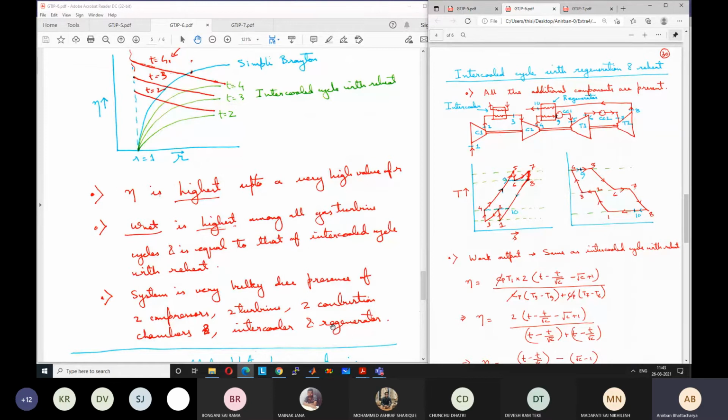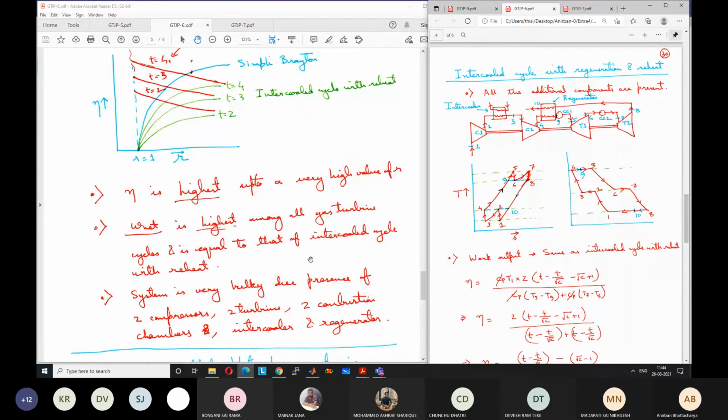So you have two heat exchangers, two combustion chambers, two turbines, two compressors. So the system becomes very bulky and is only suitable if you have very large ground-based systems which you do not expect to move, and you want to generate a lot of power, so that in the long run the running cost will overcome the installation cost.